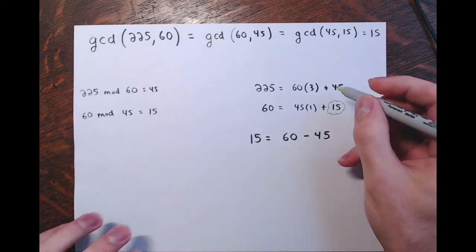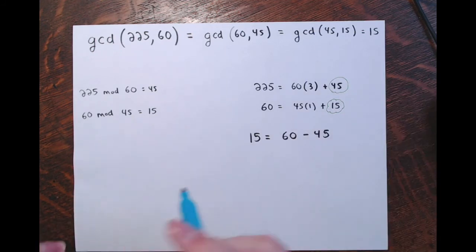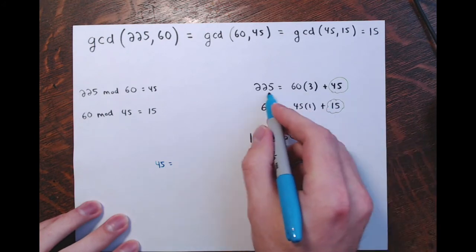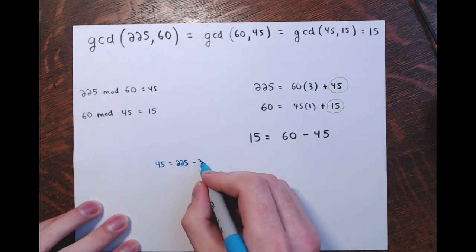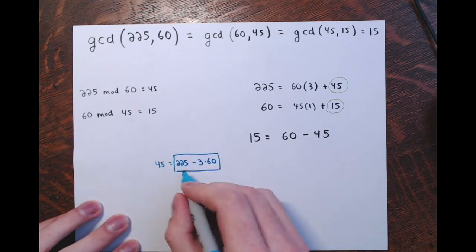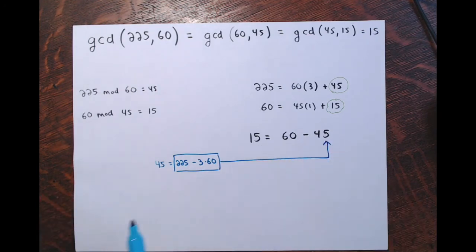And then I solve for 45 and substitute. Right? 45 from this line here is 225 minus 3 times 60. And then take this expression for 45 and put it in here with this 15 equals.